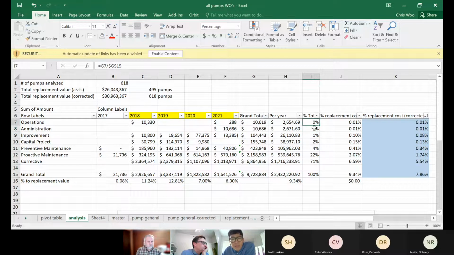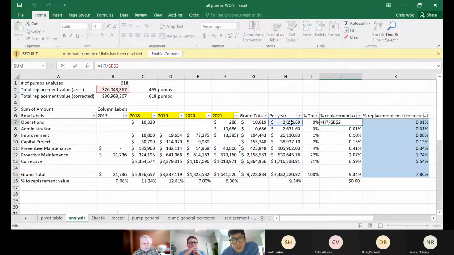And then what I did is I divided that by the replacement cost. This column talks about the composition of this grand total. Obviously, corrective is at 71%, proactive is at 22%. Then I compare that with the replacement cost.